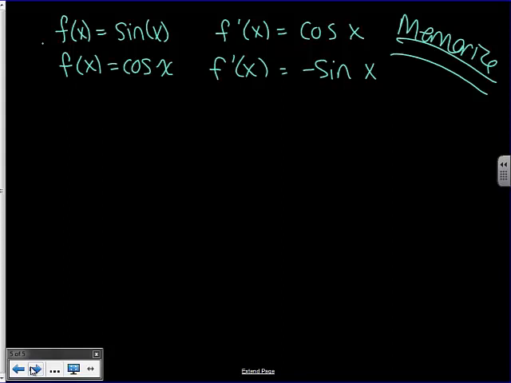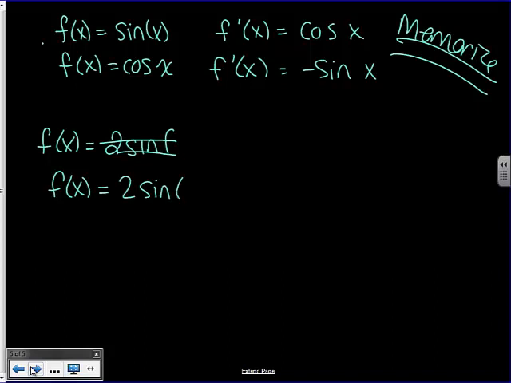So if I tell you f of x is 2 sine x, well, f prime of x, meaning derivative, well, what's the derivative of sine? Cosine. So it's just 2 cosine x.